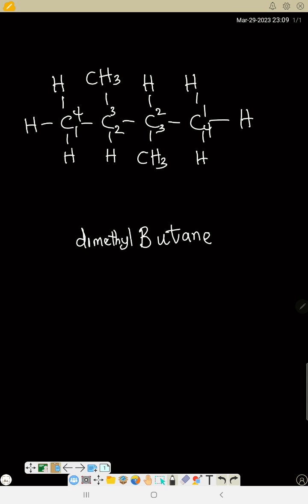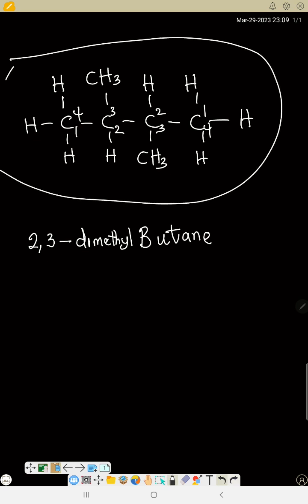So that means we say 2,3 between two numbers. Remember, you use a comma between numbers, but between a number and a letter you use a dash. You see now, so this is 2,3-dimethylbutane. So that's the name of this structure.